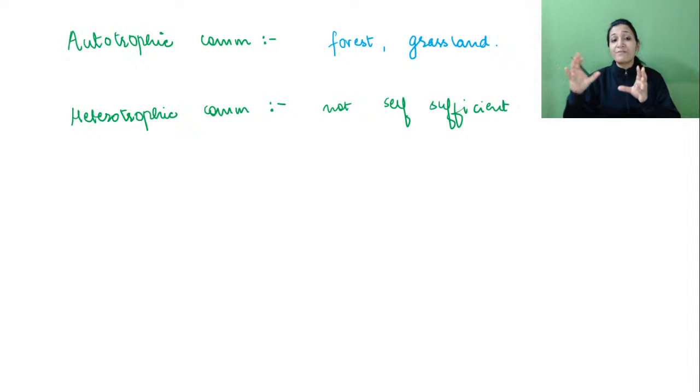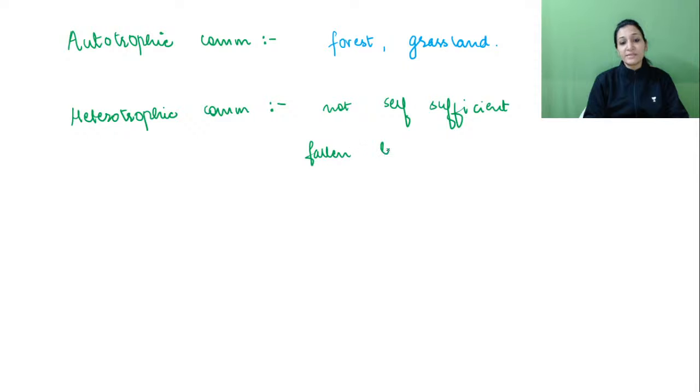Now this log will have a different kind of population on it, and that population surviving on that log is called the heterotrophic community, which depends on the autotrophs, right? So the example for this is a fallen log. I hope you are understanding the example. So, the autotrophic community and the heterotrophic community.